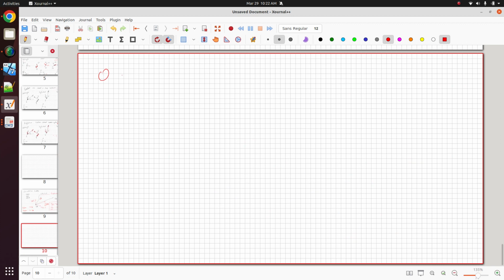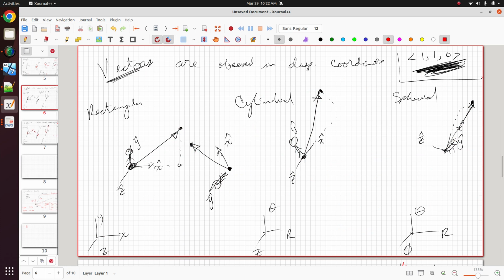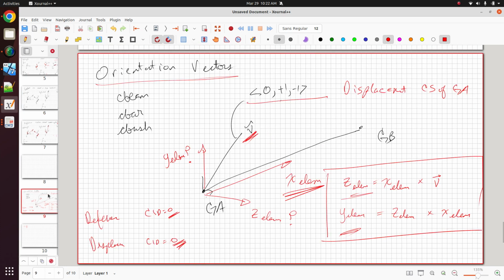Now let's talk about offsets. One thing to keep in mind here is that, again, if we go back to that discussion on vectors, any discussion on orientation vectors, the same concepts about vectors apply to orientation vectors.